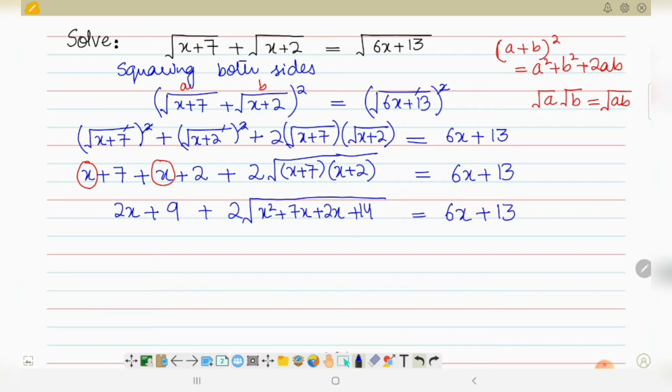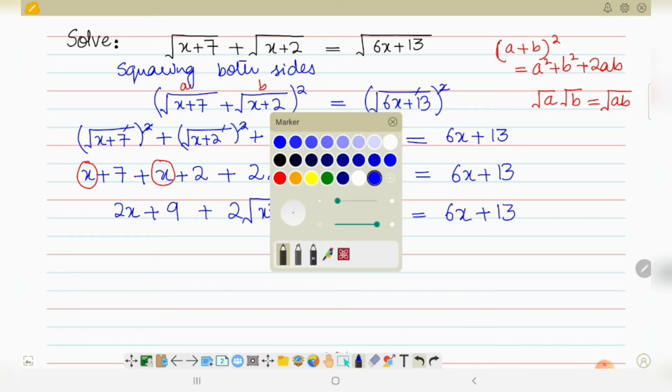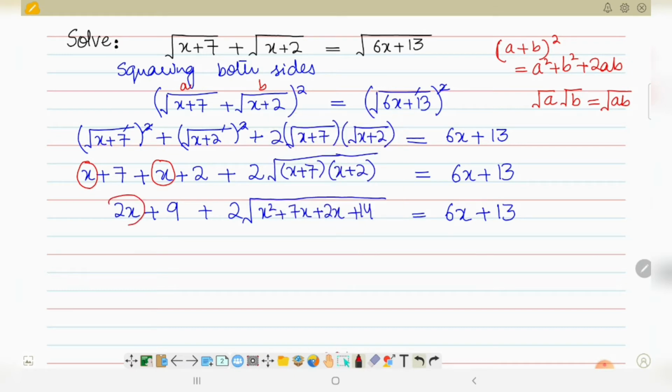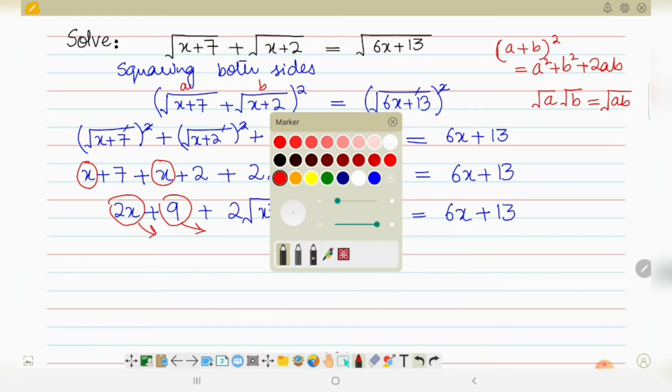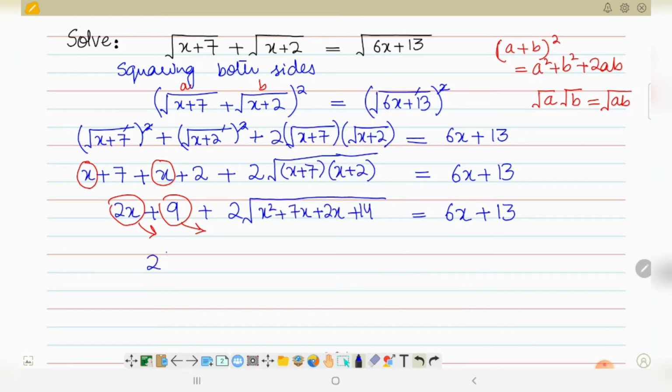Now we are going to move these two terms to the other side of the equation, and it will become 2 times, and at the same time we are going to solve these terms which are written under the radical sign. 7x plus 2x becomes 9x plus 14, and 6x plus 13 we write as it is, and we are moving these two terms to the other side, so it will become minus 2x and minus 9.